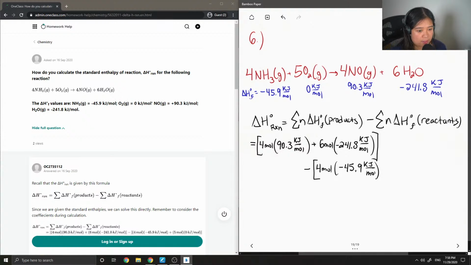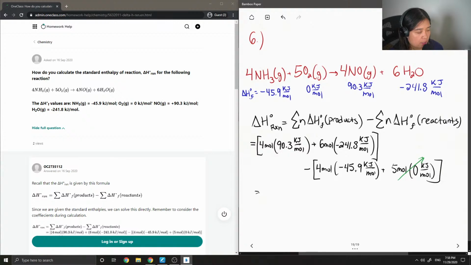And then lastly, we have the oxygen. So there's 5 moles, but its value is 0. So we know that this will just cancel out. I'm just going to draw this canceling out.